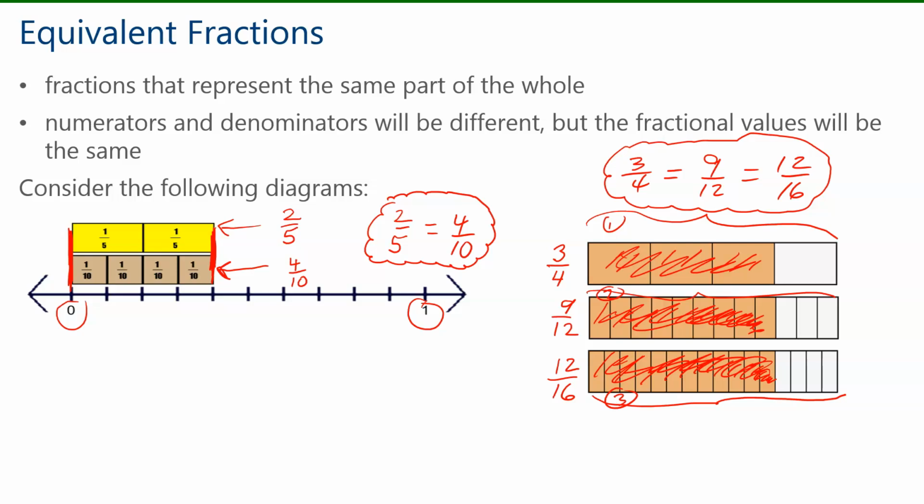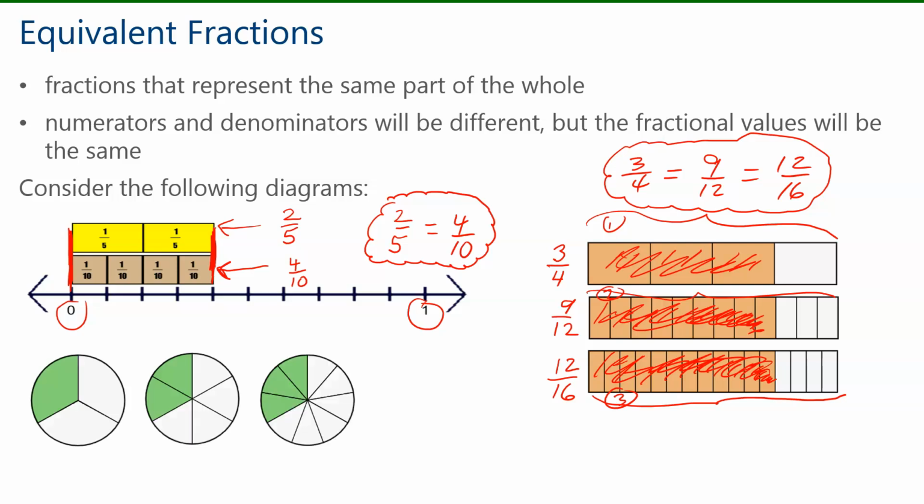One more series of diagrams here. 4 circles. And each big circle has been drawn the same size, but again, they've been split up into different numbers of sections. So in our first circle here, we have 3 equal sections with 1 shaded.